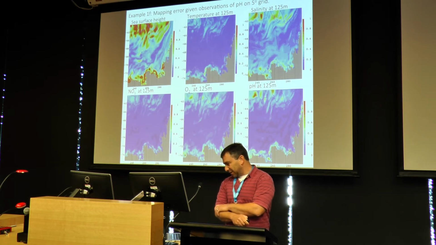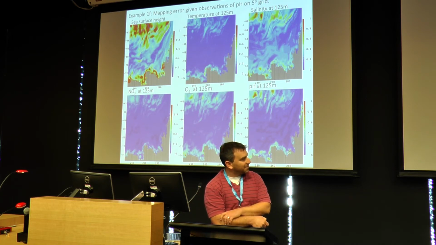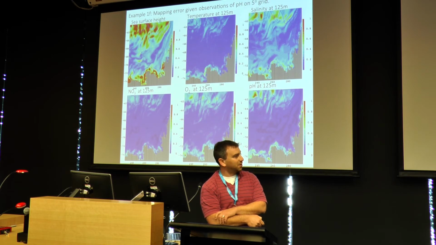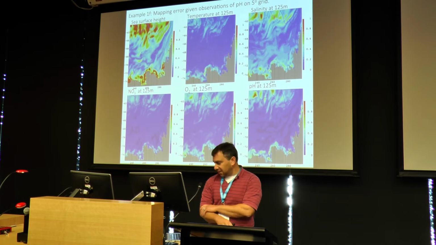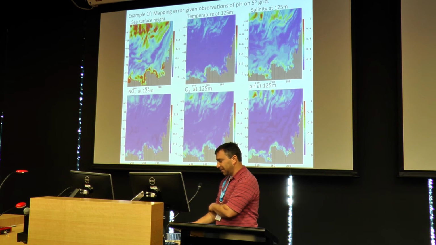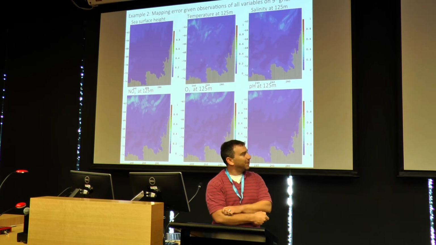Okay, this is the last one for the 5-degree grid, and this is pH. Even though we have measurements of pH here, in a lot of regions the scales are really short, so in pH at the coast you can see some places where there's no information projected. Okay, so that's all 5 degrees, and then you can play other games, like what if I measure everything at 9 degrees, and all of a sudden we win.